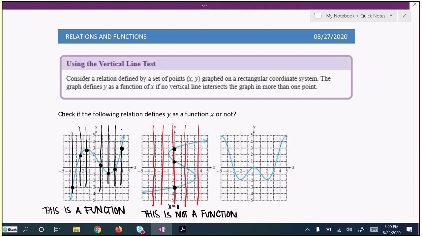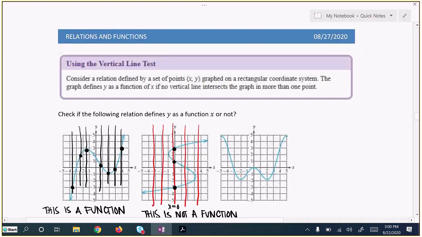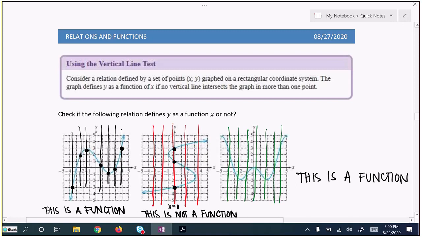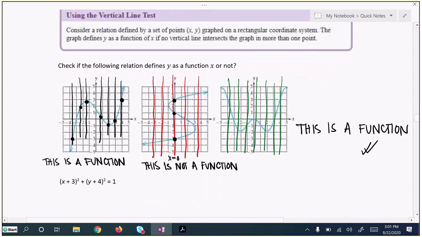Okay, and finally, this third picture here, I'm going to do the same test, draw as many vertical lines as I want to, and check, is each one crossing the graph exactly once? And it is. So this is also a function, because for each x in the domain, I have exactly one y in the range, and that is what I need to be a function.